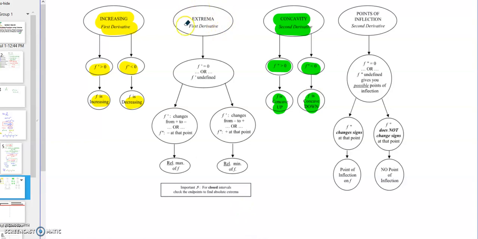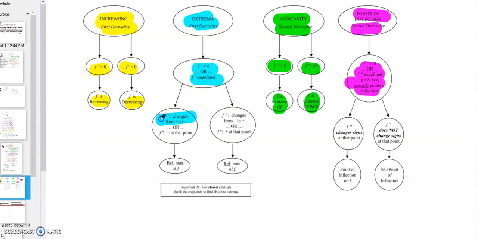Similarly, when the first derivative is 0 or undefined, well, those are relative mins or relative maxes. Where the second derivative is 0 or undefined, well, those are possible points of inflection. Okay? How do you determine whether a critical number is a min or a max?